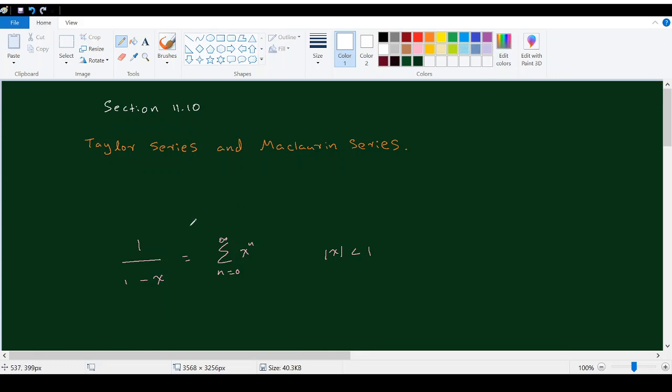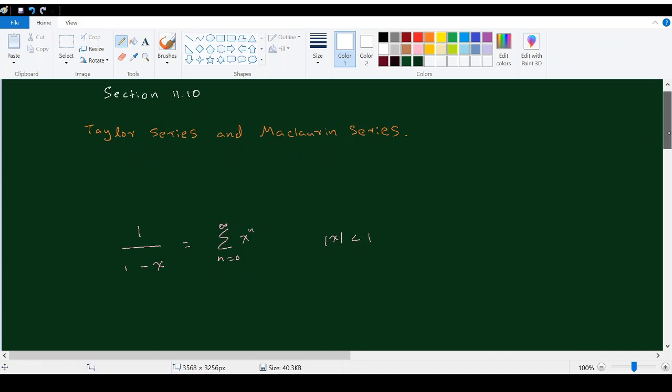First of all, in the previous section, can you remember we used this basic relationship and extracted power series for different types of functions by doing some rearrangements or readjustments, as well as differentiating and integrating this function, in order to obtain the power series expansion of different types of functions.